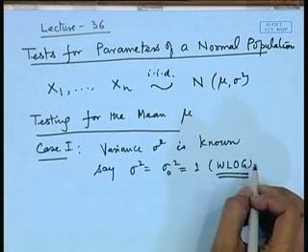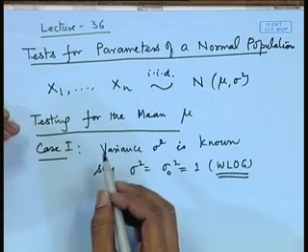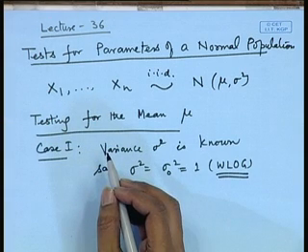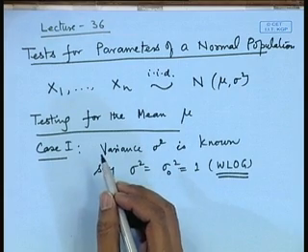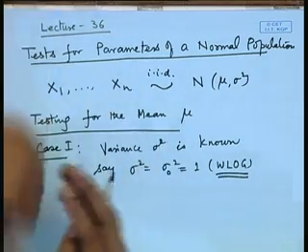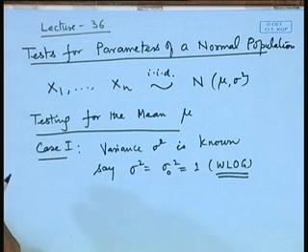In this case, let us go back to the application of the NP lemma. What we have observed here is that the test function is based on the value of x bar. We have considered the testing for normal mu, 1 when mu is equal to, say, mu naught against mu is equal to mu 1.